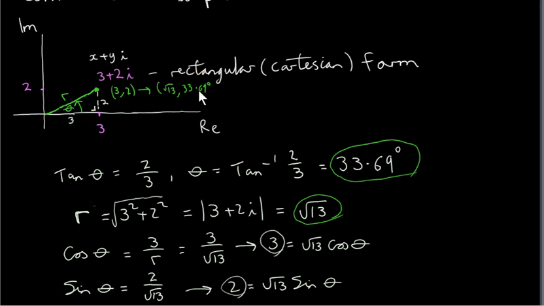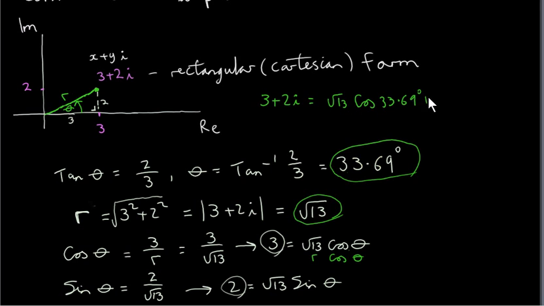Of course, we won't normally write polar coordinates like this. What we will do is write our complex number in the form r times cos theta, so that's what this is here, which is root 13 cos of 33.69 degrees, plus i times r sine theta, root 13 sine of 33.69 degrees.